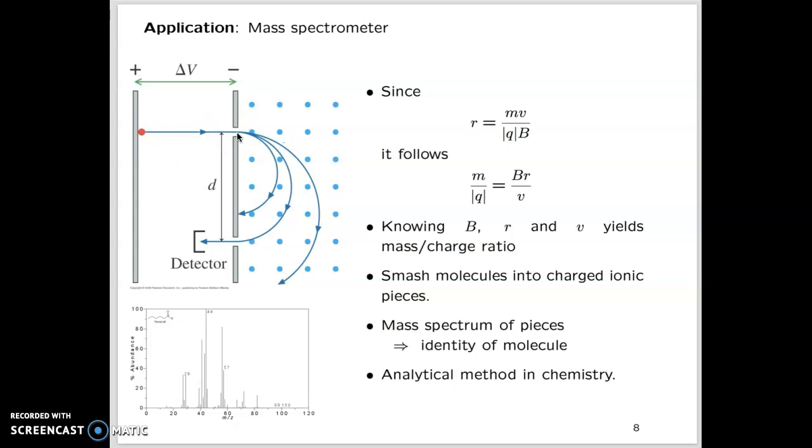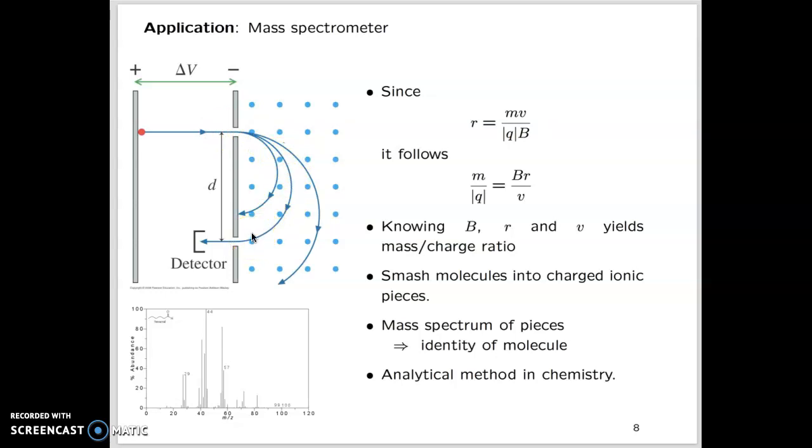And then what happens, well, depending on the properties of those charged particles, they will have different speeds, okay? And so what do we do? Well, you can let these charged molecular pieces enter into this magnetic field region over here.